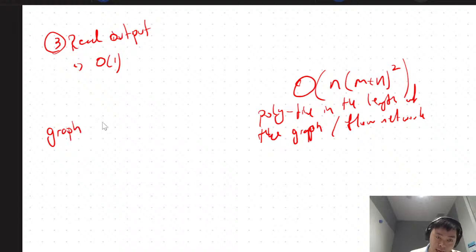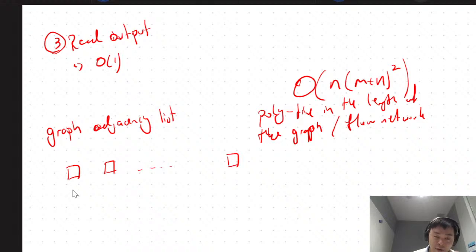If you use a graph adjacency list, then for each of my vertices, I create a linked list of all of my neighbors.